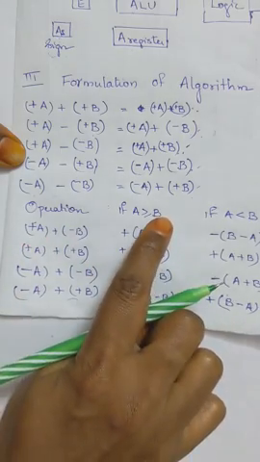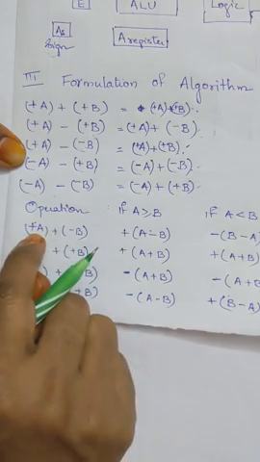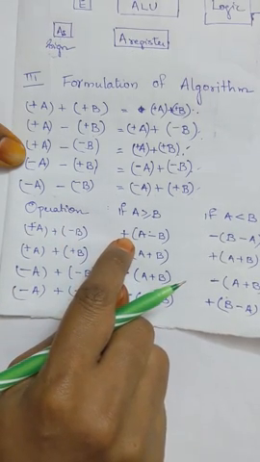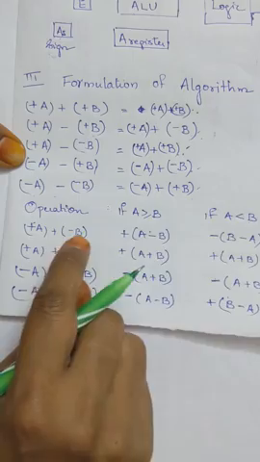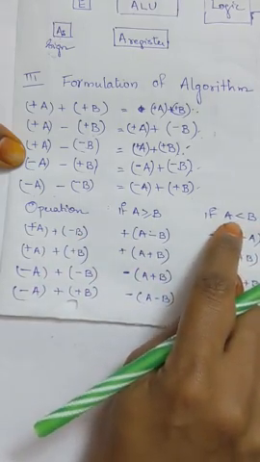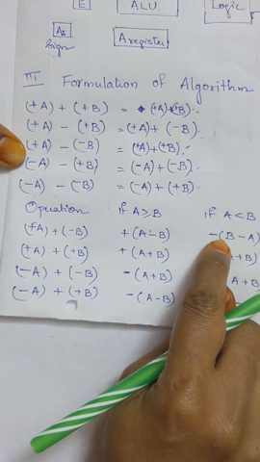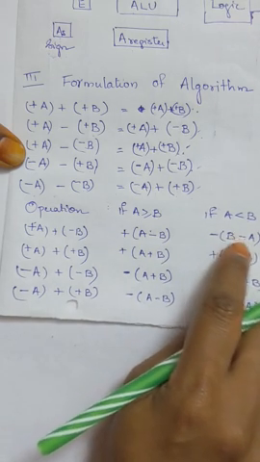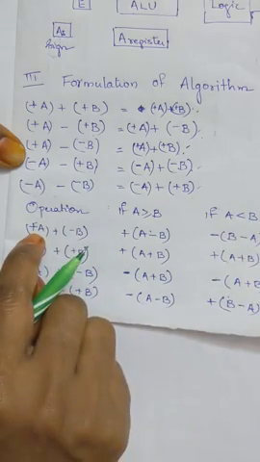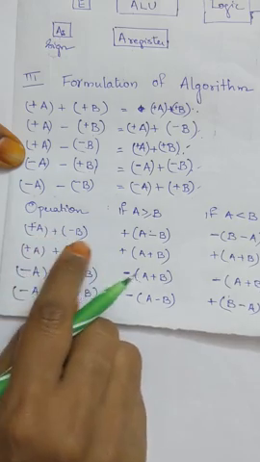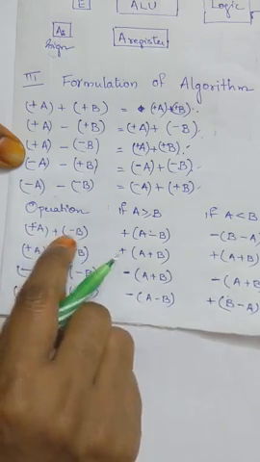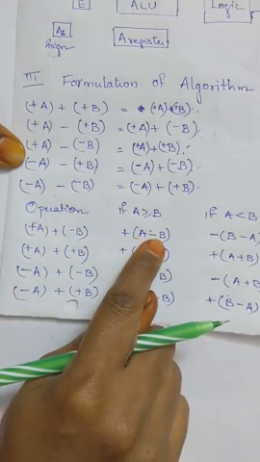If a value is greater than b, then the sign of a will be formed in the result. If b is greater than a, then the sign of b will be formed in the result. Also, subtraction will be like b minus a. So if signs are different, you will be performing the subtraction operation.